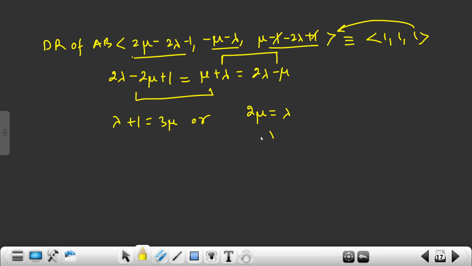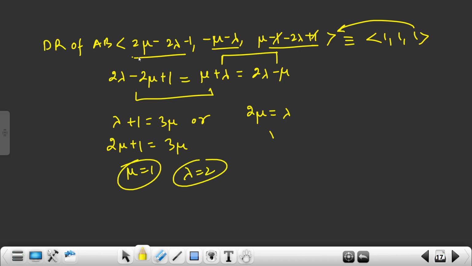So lambda equals 2 mu. Let's put it here. 2 mu plus 1 equals 3 mu. So mu equals 1 and lambda equals 2. Now let's check, is it satisfying now? Mu 1, 2 lambda, so 2 minus 1, 1, 1 minus 4. Right? It is satisfying.